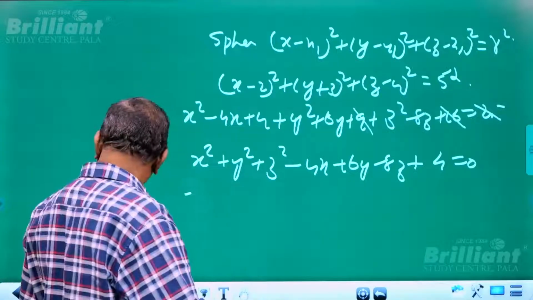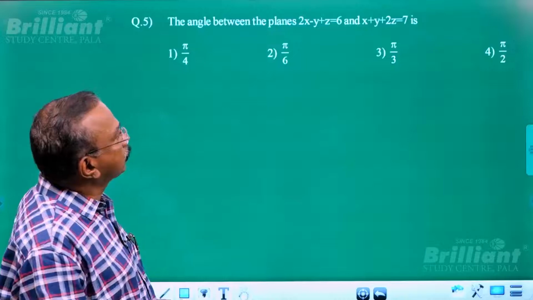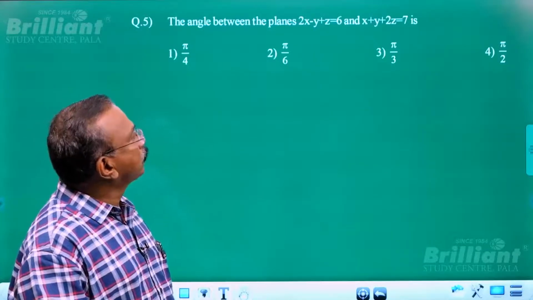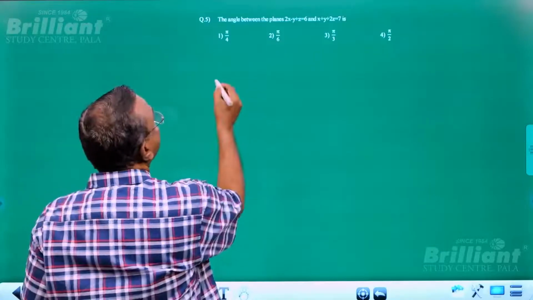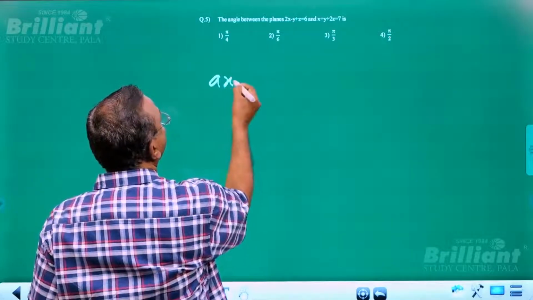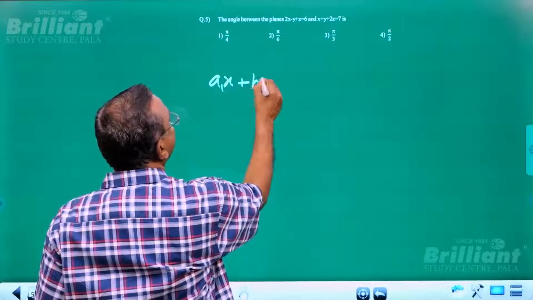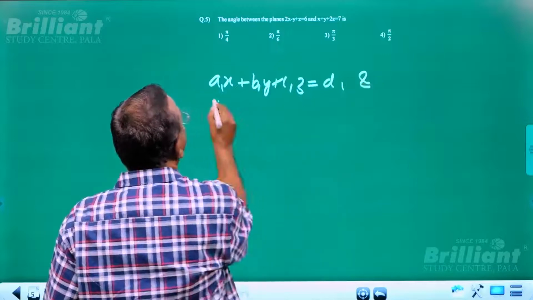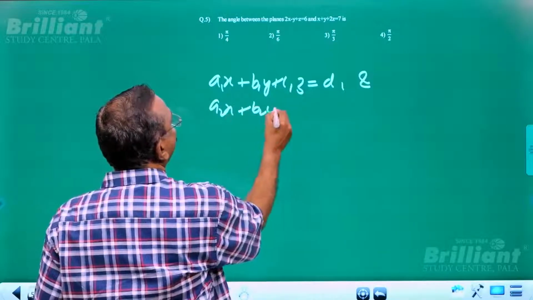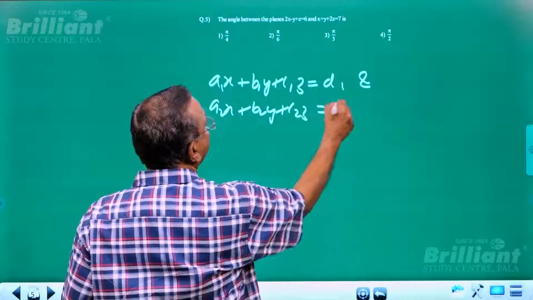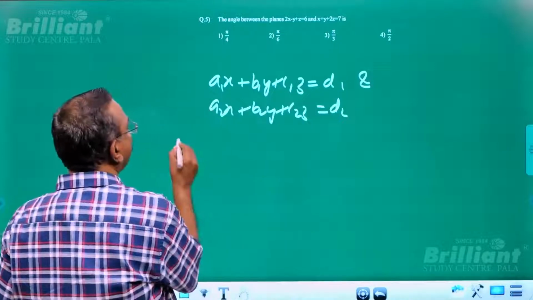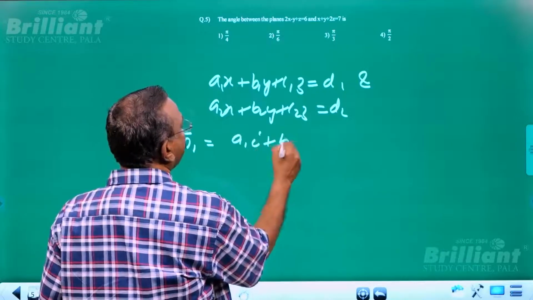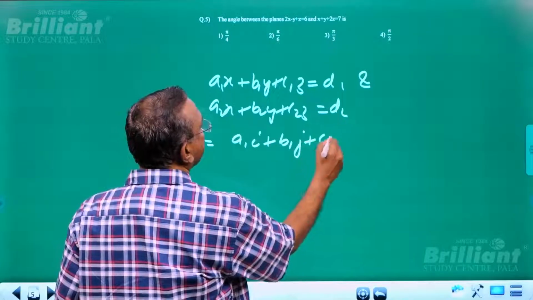Now, question number 5. The angle between the planes 2x minus y plus z equals 6 and x plus y plus 2z equals 0. To find the angle between two planes a1x plus b1y plus c1z is equal to d1 and a2x plus b2y plus c2z is equal to d2, you just find the normals. n1 bar is equal to a1i plus b1j plus c1k.